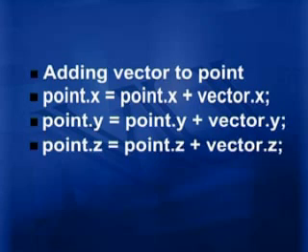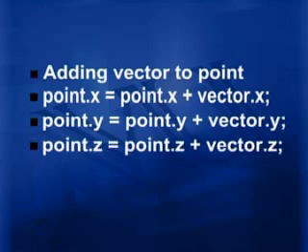In this way, the vector's x component would be added to the point's x component, and we'll be getting the modified point x component. Similarly, the y components of the two would be added together. So we say point dot y equals point dot y plus vector dot y. Don't worry about the notation.